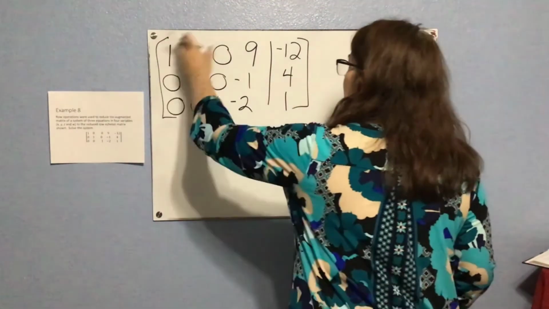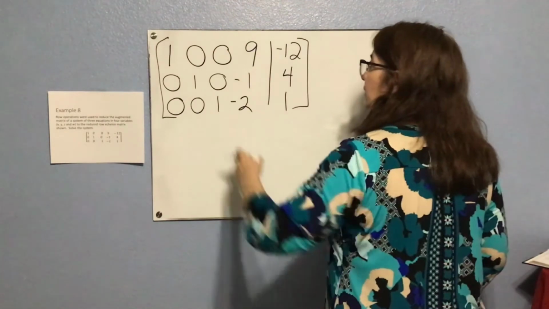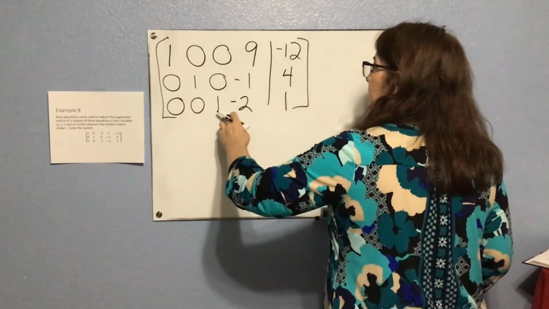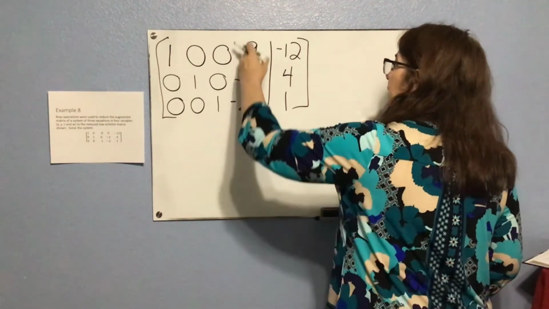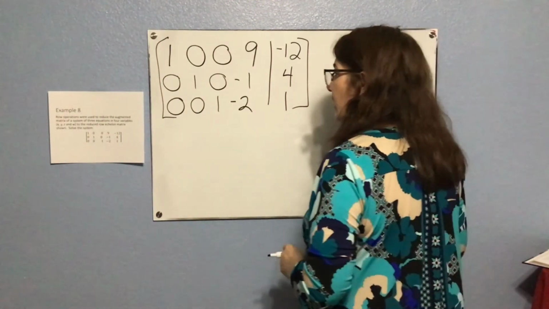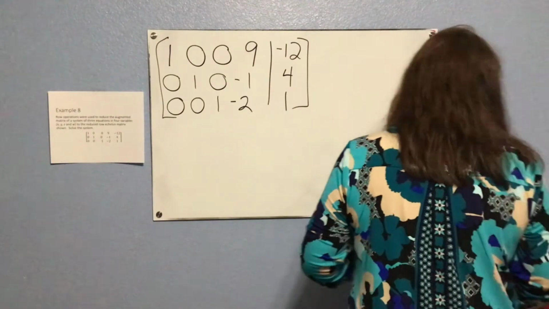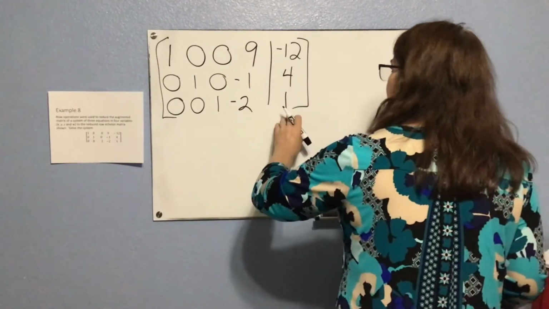So this left side was not a square matrix, so I've got the diagonal and I've got the zeros here, but I also have that one extra column that I'm going to have to deal with.